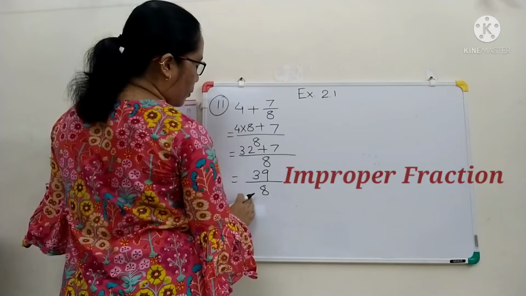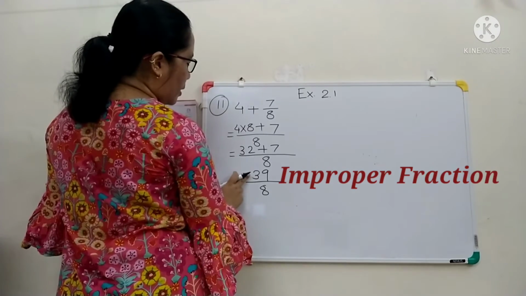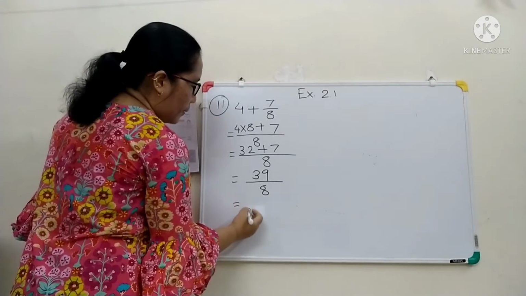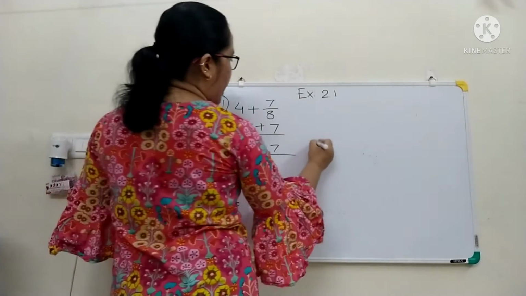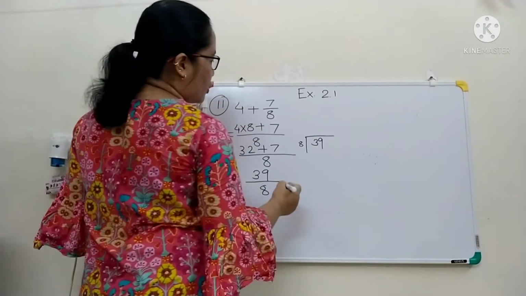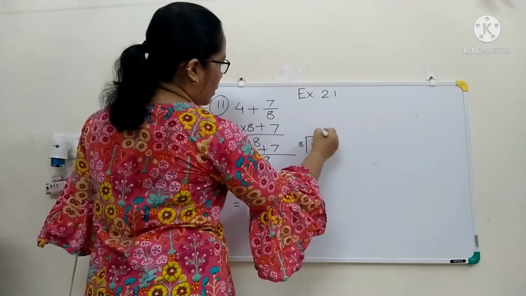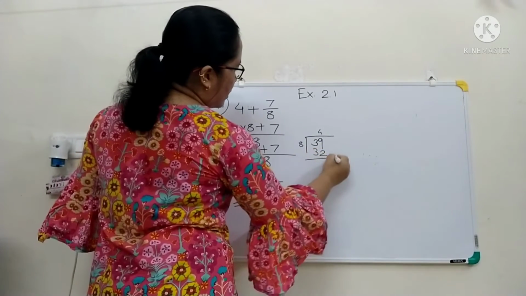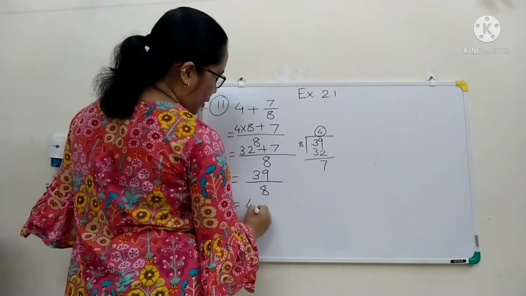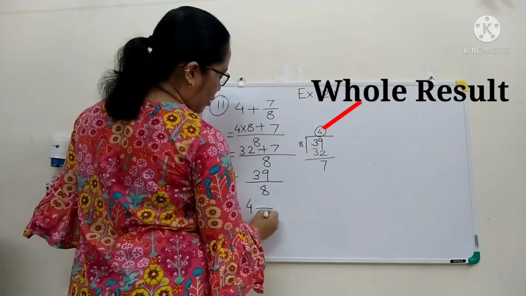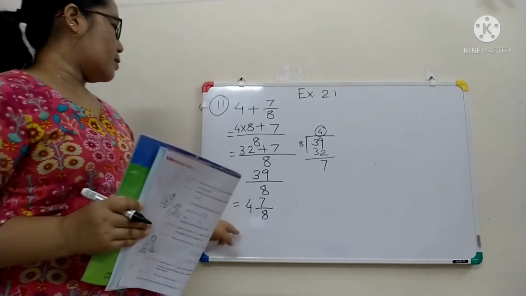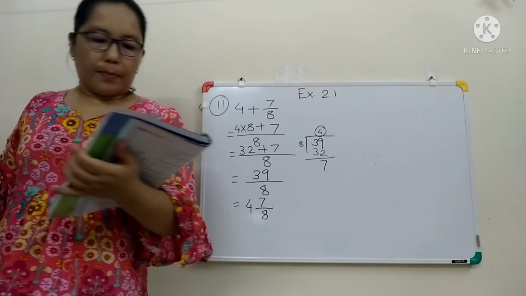So this is also an improper fraction, is it? Because the numerator is larger than the denominator. So we have to convert it into a mixed fraction. For that again we have to divide the larger number by the smaller number. 39 divided by 8, the remainder is 7. So here 4 is the whole number we have taken first, then 8 will remain as the denominator and 7 is the numerator. So this is the answer of this sum.